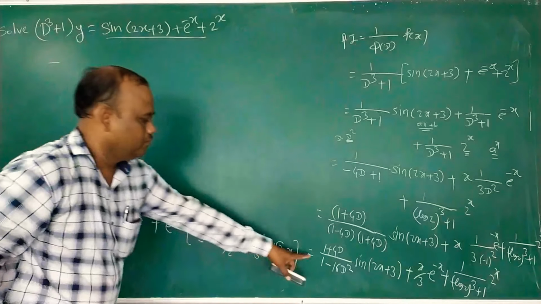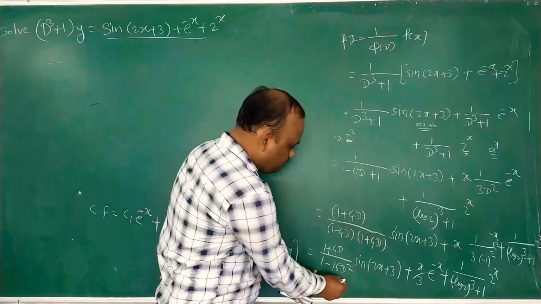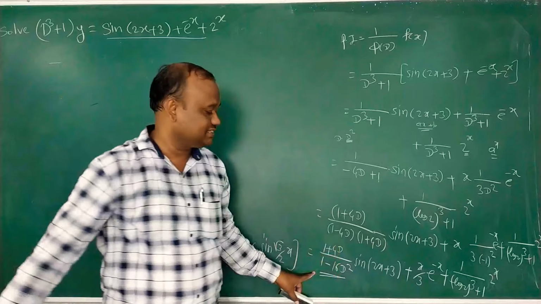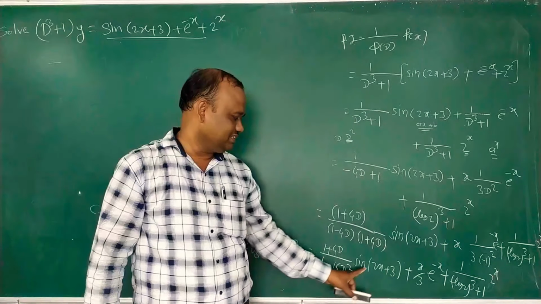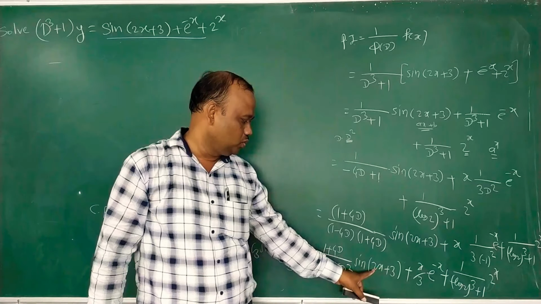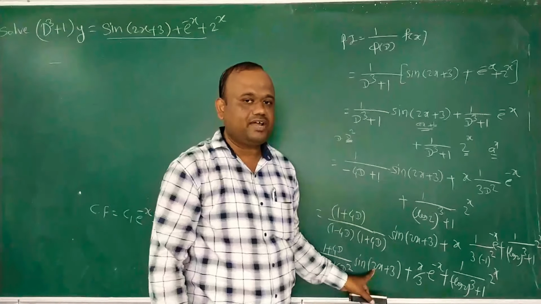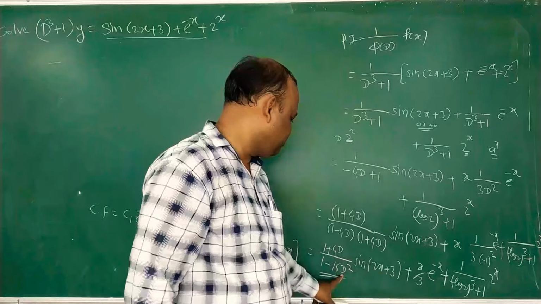here 1 plus 4D upon 1 minus 16D square, sine of 2x plus 3. So we have to replace D square by minus a square. So what is a here? 2. And if we replace D square by minus 2 square, that is minus 4.